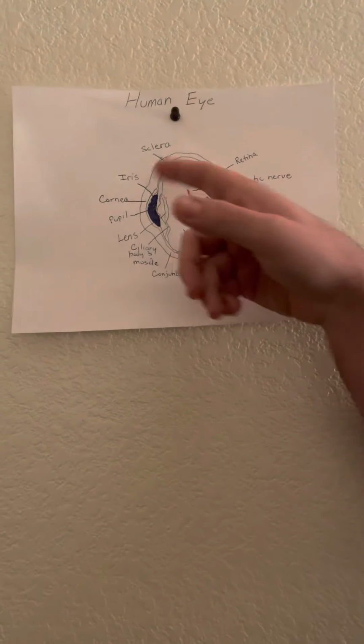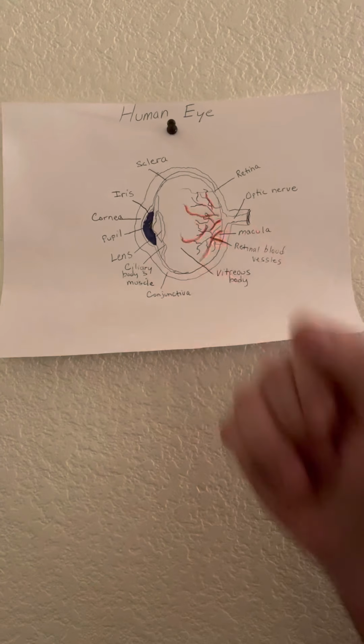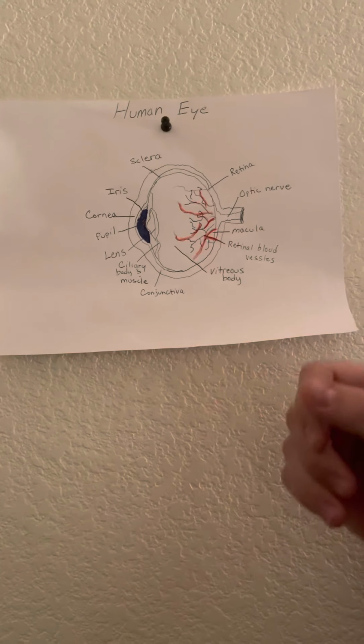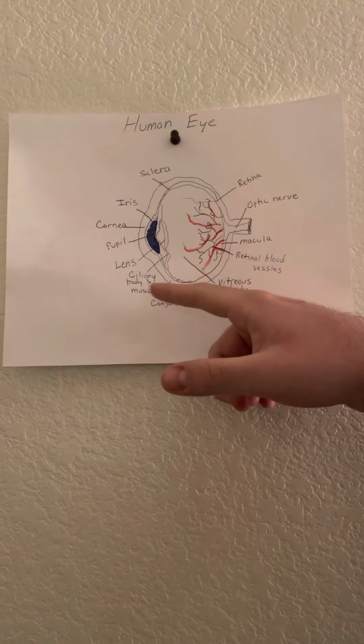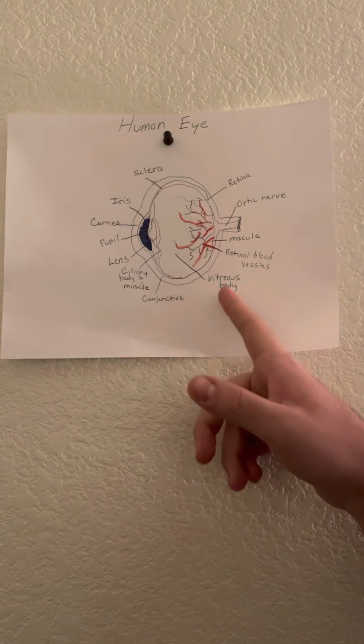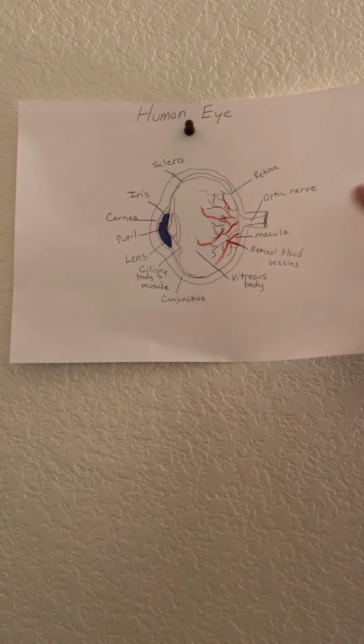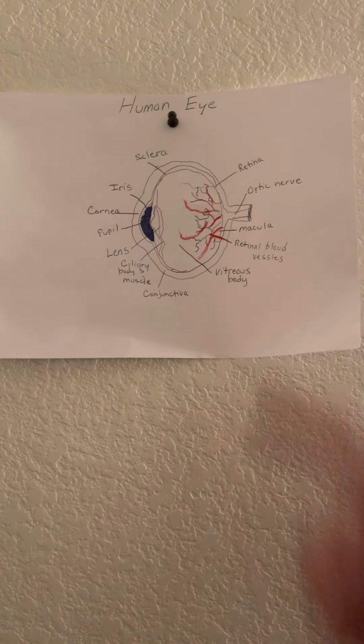We have the sclera, the iris, the cornea, the pupil, the lens, the ciliary body and muscle, the conjunctiva, the vitreous body, the retinal blood vessels, the macula, the optic nerve, and the retina.